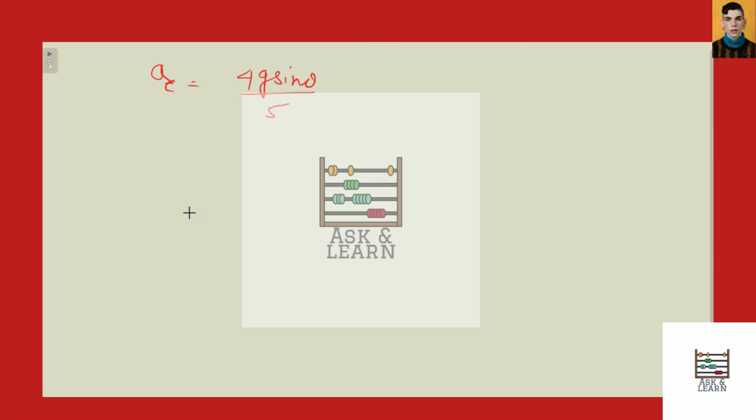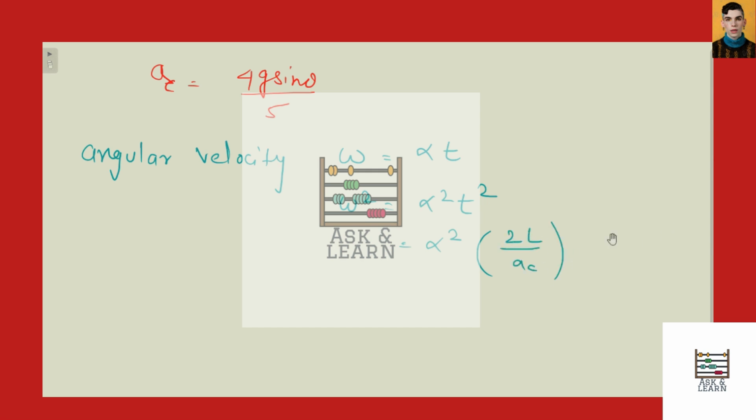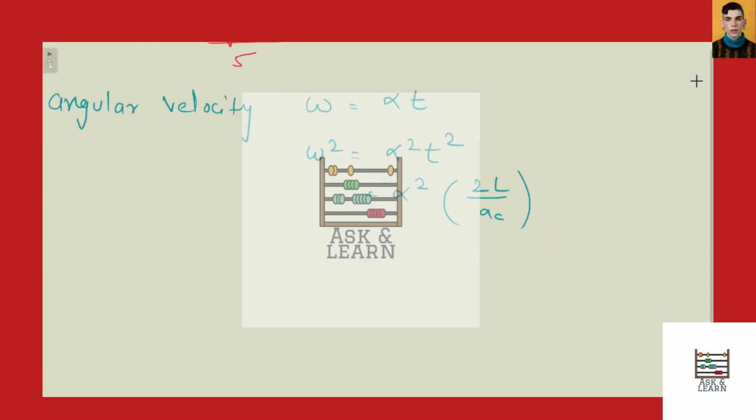Now we know that angular velocity can be written as omega is equal to alpha into t. Now omega square is equal to alpha square t square. So now t square can be written as 2l upon the acceleration of the center of mass. Now put all the data in this equation.